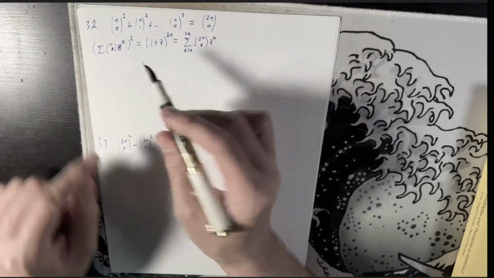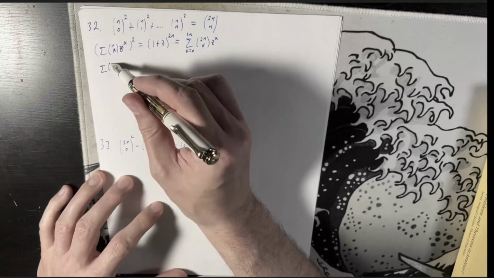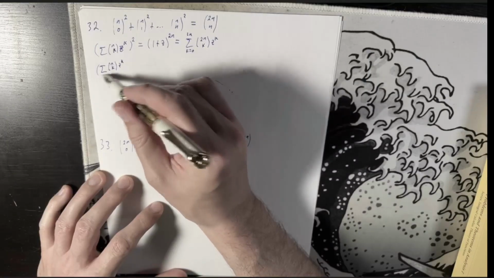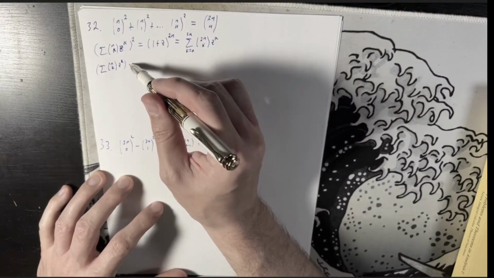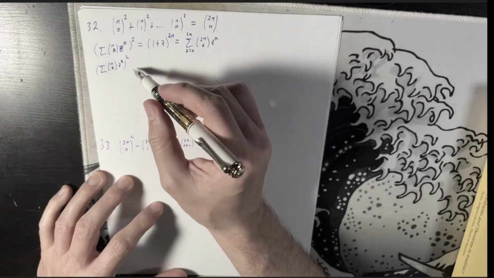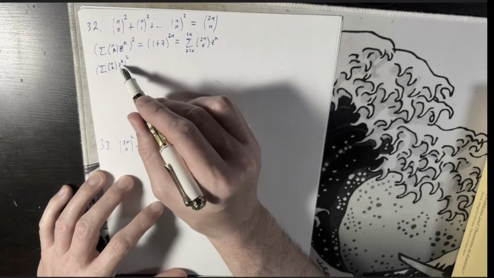But over here, you're getting sort of a double sum, right? You're getting these, and then these again. Whatever, I'll just write a square. So you're getting z to the 2k.